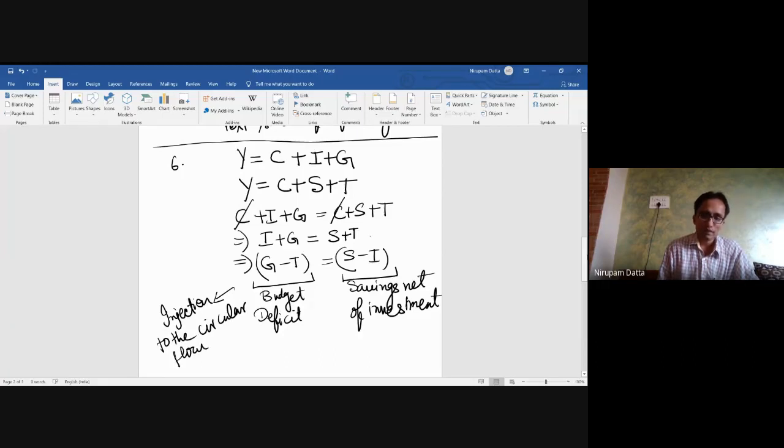But you have to balance the excess pressure, the expansionary pressure, as well as the deflationary pressure on the circular flow of income. So the savings net of investment is the leakage from the circular flow of income.